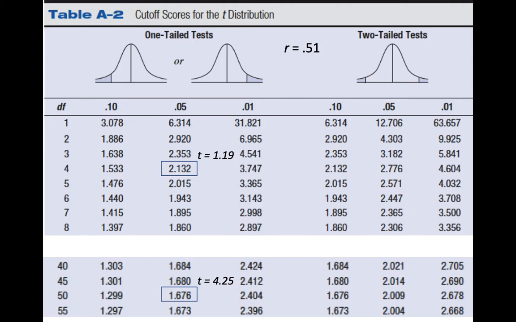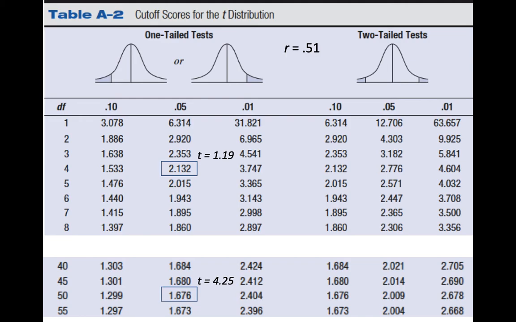Essentially, what we're saying is, based on only 6 people, that 0.51 could just be randomness. In other words, it really could be the case that the true population correlation is 0. There's no relationship at all between hours of leisure and mood.